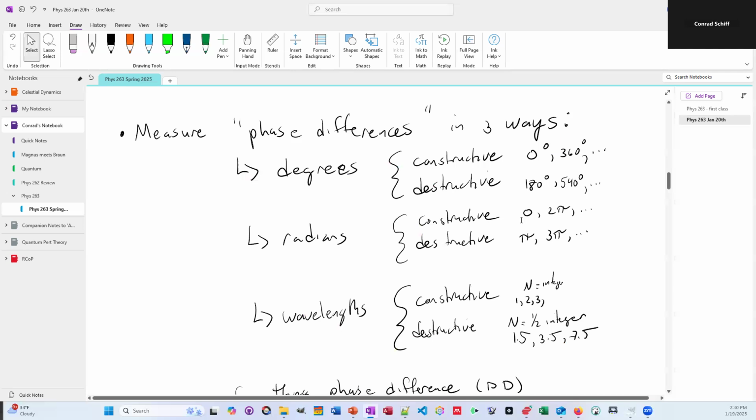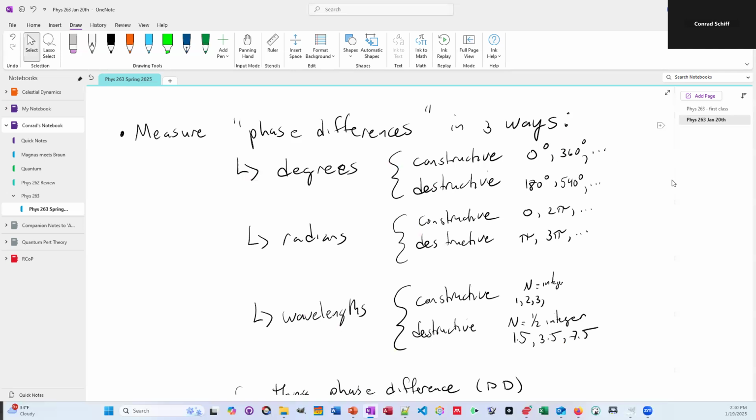In order to decide what in phase and out of phase means, we need to measure phase differences between the waves. And typically, we'll measure phase differences in three separate ways. So we can measure them by degrees, where for the constructive waves, the peaks are aligned, and they can be offset from each other by 0 degrees or 360 degrees or minus 360 degrees or 720 and so on.